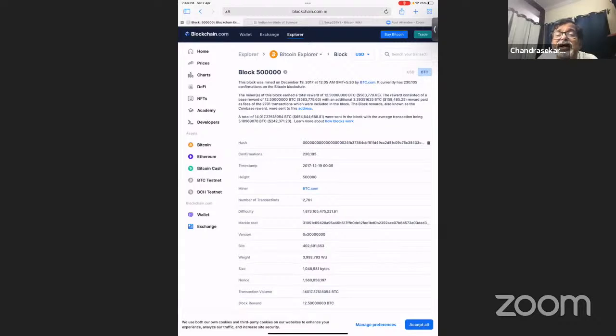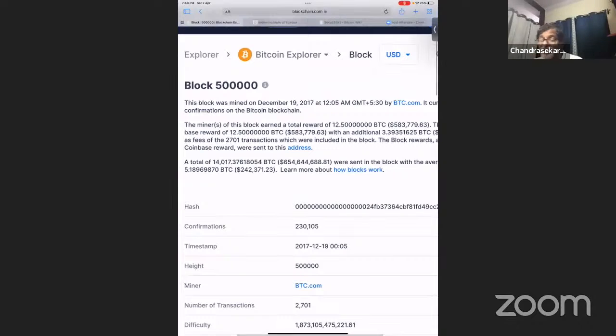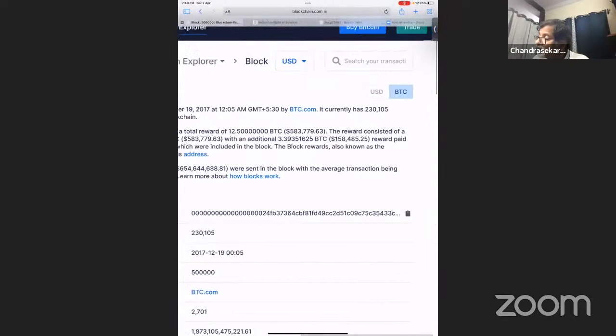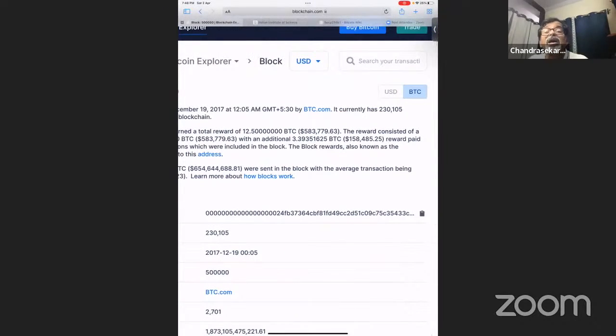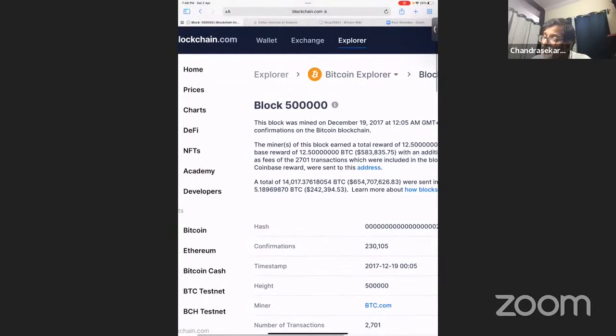How do I close this chat? Okay. This is the block. Where can you see this? You go to Bitcoin Explorer and type in the search 5 lakh, then it can give you the block.